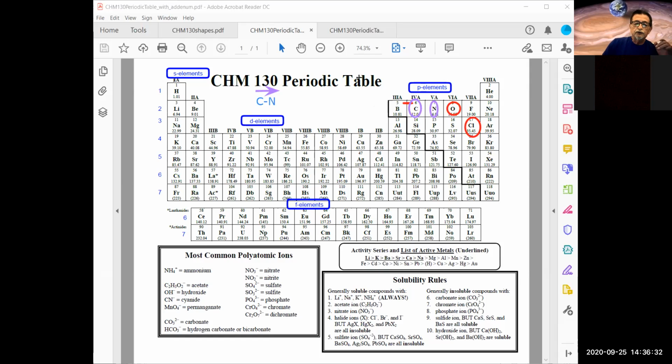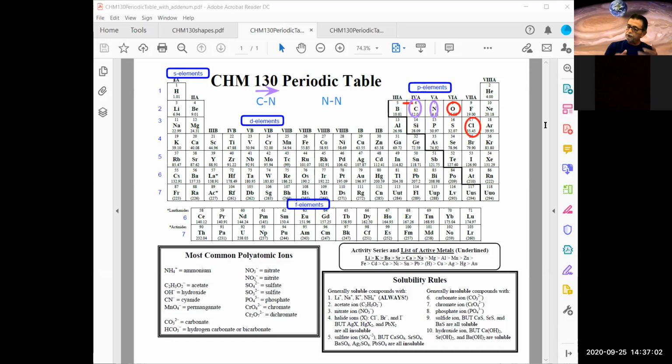Now, if I were to look at a bond between nitrogen, again, that hyphen represents a bond, and I look at a diatomic compound where I have two nitrogens, well, there's no comparison there. The electronegativity of two nitrogens is the same because they're the same element. So there wouldn't be any pull whatsoever.